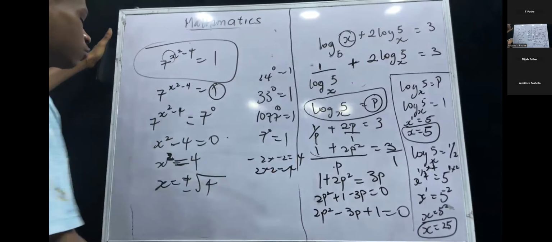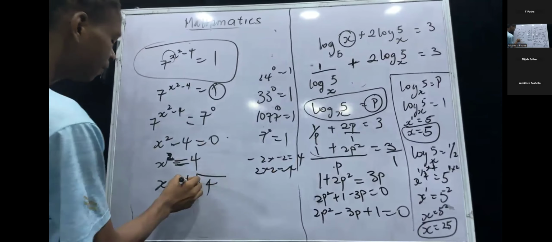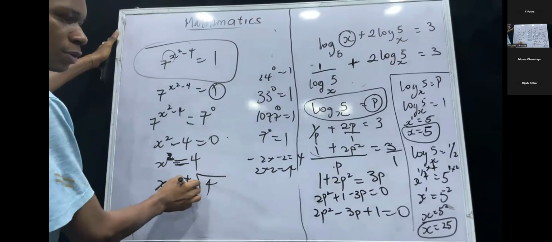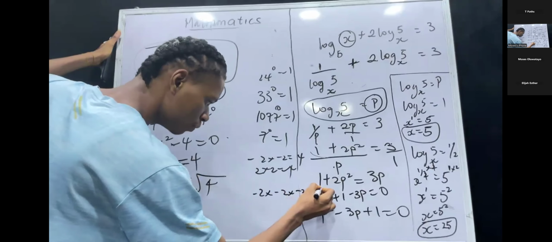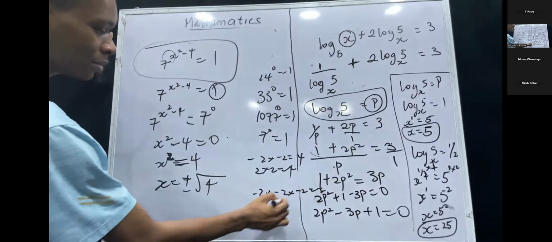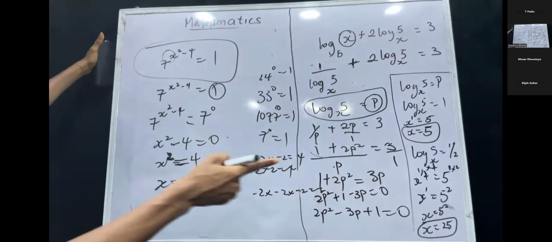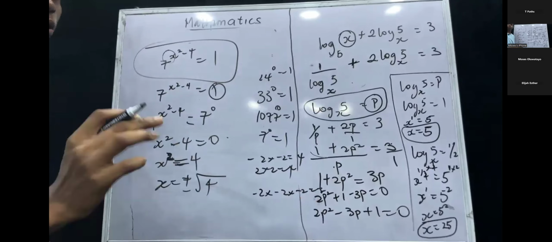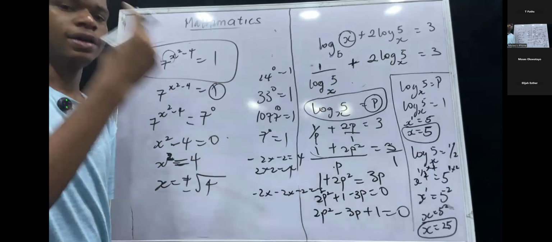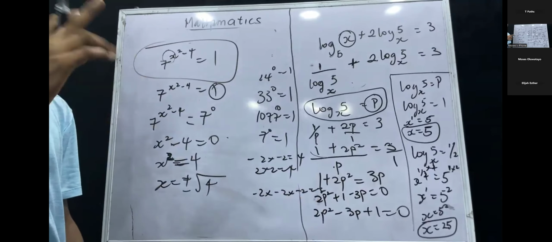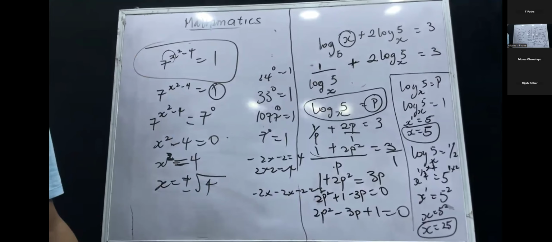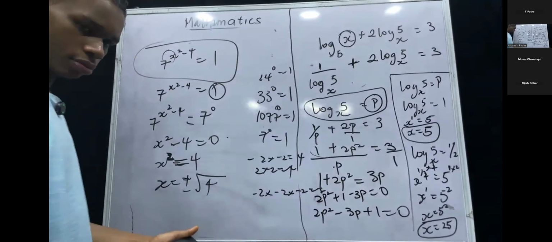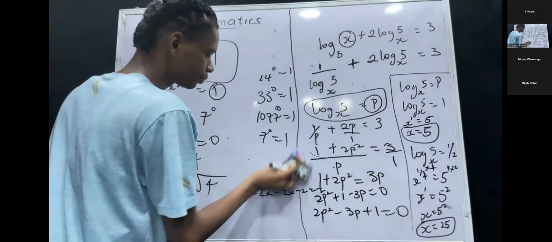So it only works for even roots. If this were 3, we won't have this plus or minus sign, because minus 2 times minus 2 times minus 2 is going to give minus 8. But 2 times 2 times 2 is going to give you 8, which is different. So this only works for even roots, like 2, 4, 6, 8, 10, 12, and so on.